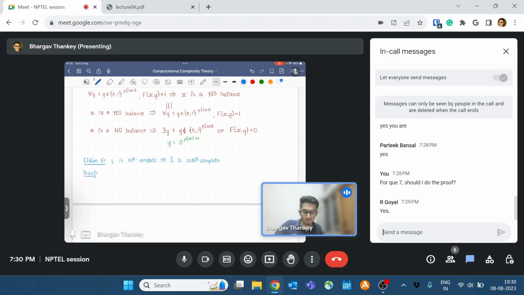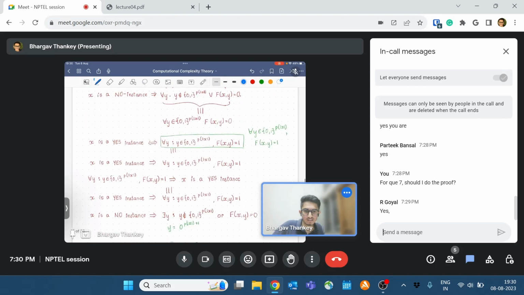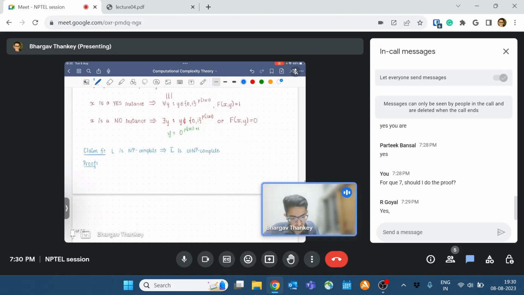Once I prove this, we can replace L by SAT, and we are done, right? So first I need to prove that L prime is in co-NP. L is in NP implies L is in co-NP, right? So this is clear. Now all I need to do is show that L bar is co-NP hard, right?